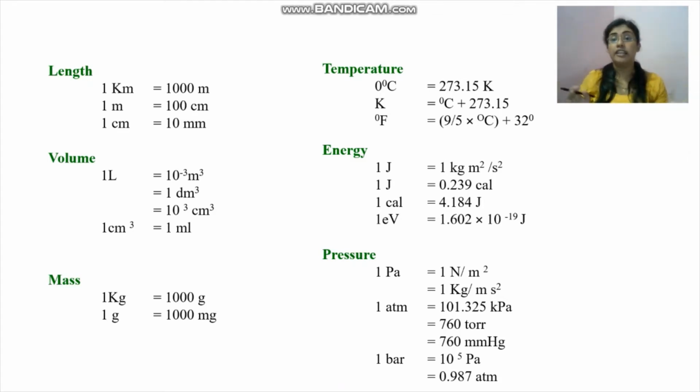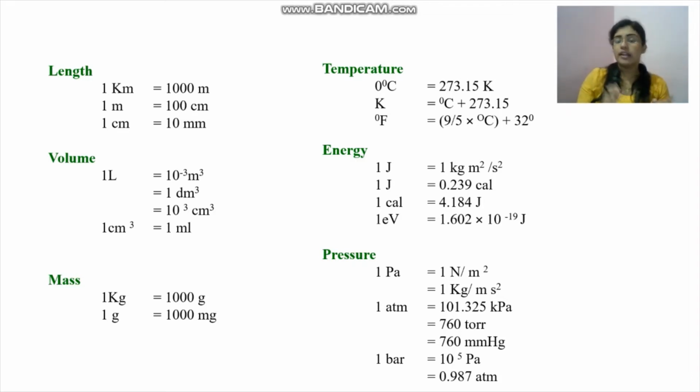That gives the temperature in Fahrenheit. Next, we have the energy term. Energy is mainly represented in joules, electron volts, or calories. 1 joule is equivalent to 1 kilogram meter square per second square.